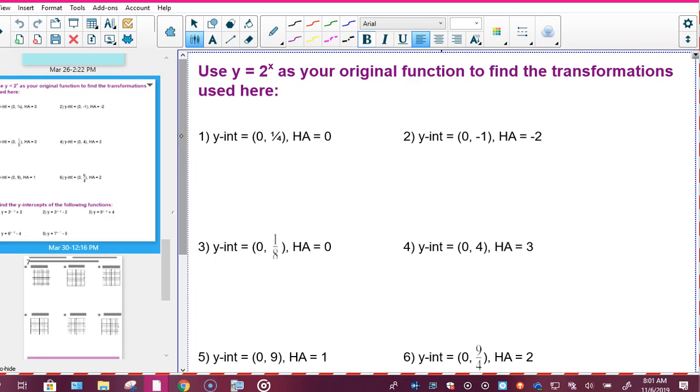The shift. What type of shift? The vertical shift. So there was a vertical shift down 2 because of this horizontal asymptote. You need to be able to connect those two. I see a horizontal asymptote, so there had to have been a vertical shift.